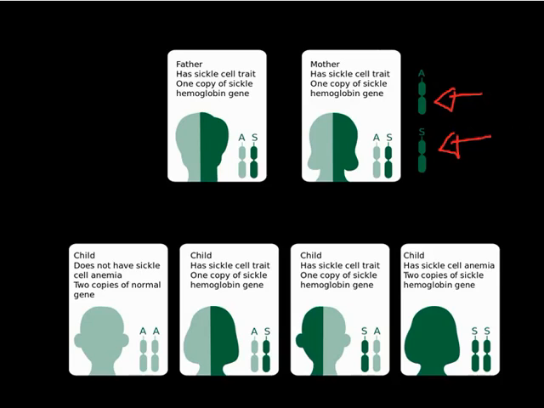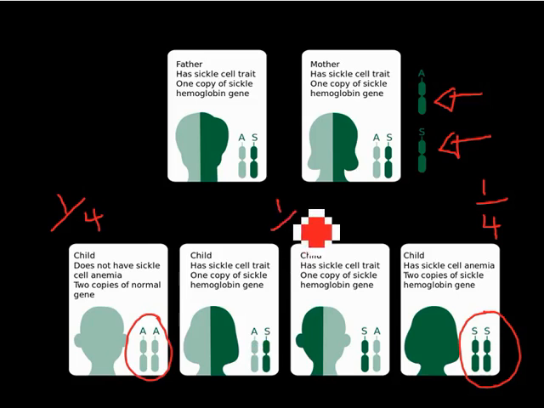If both parents have the sickle cell trait, there is a 1 in 4 chance that the child will be born with sickle cell anemia with both sickled alleles. There's also a 1 in 4 chance that the child will be born without sickle cell anemia with 2 good alleles. There's actually a 1 in 2 chance, or a 50% chance, that the child will be born with the sickle cell trait.